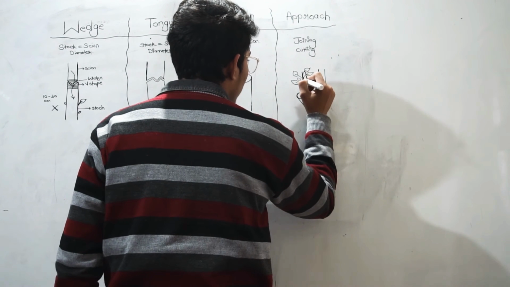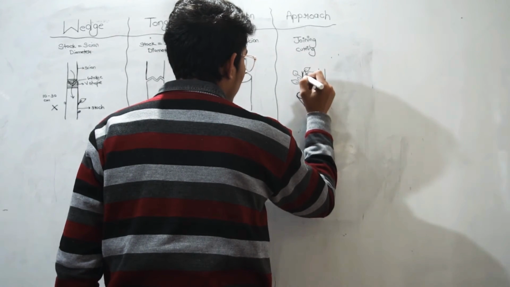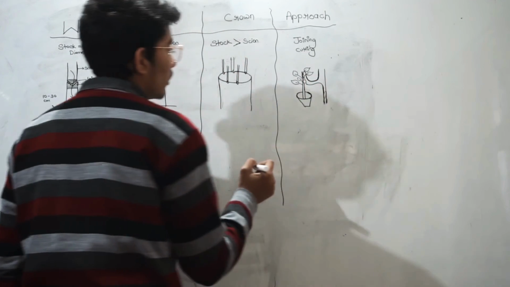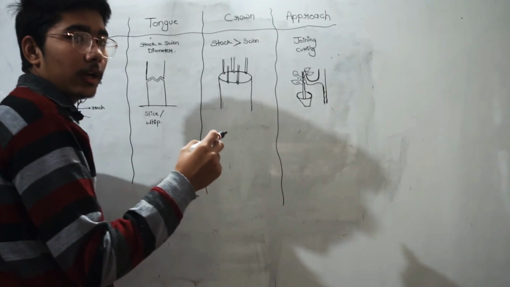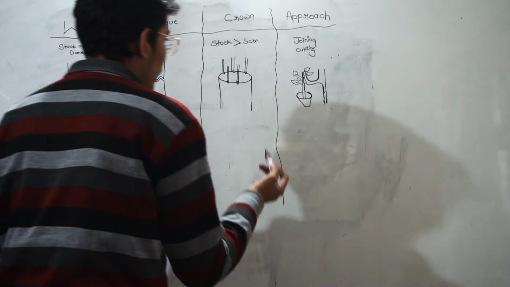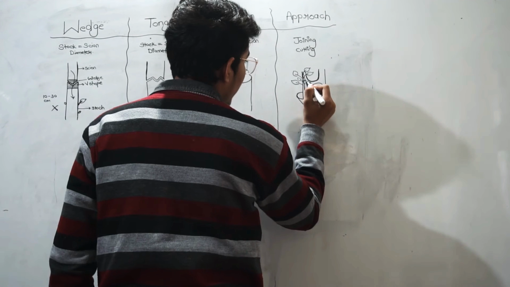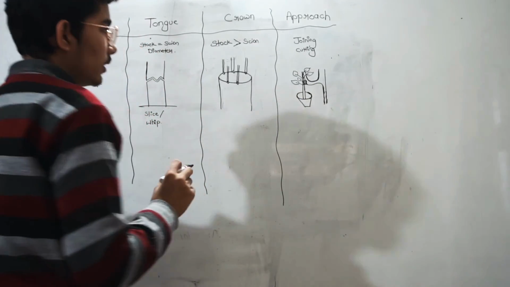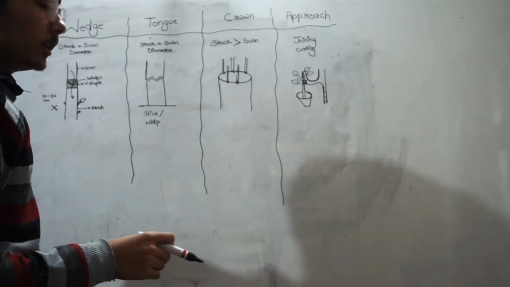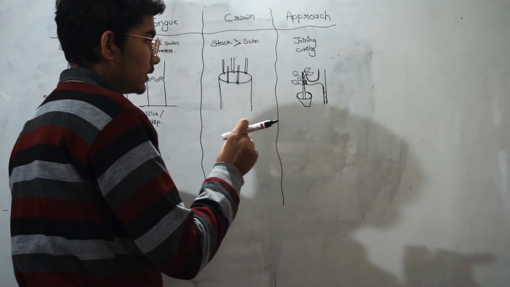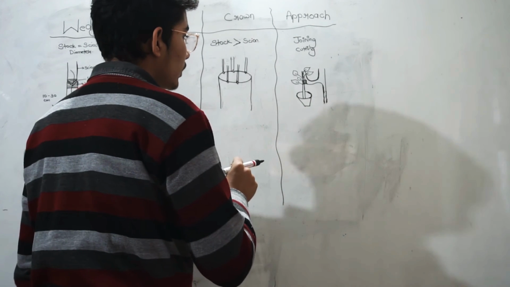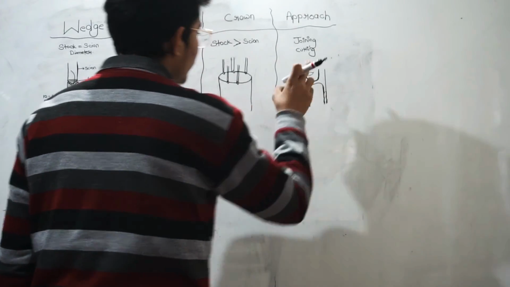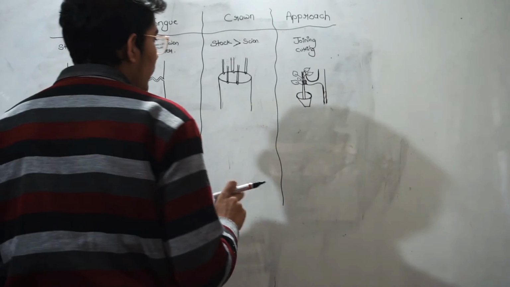So I have removed it in the shape of a slice like this, and after this I will bind it with the help of grafting tape like this, and then we will press it, so that they will join together, and after joining they will produce a single conjoined plant.